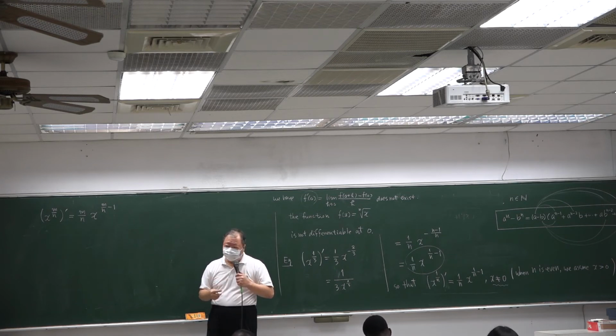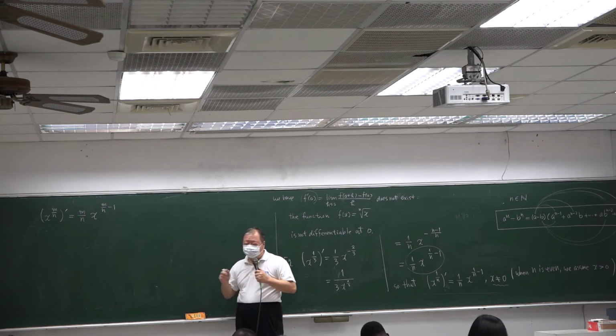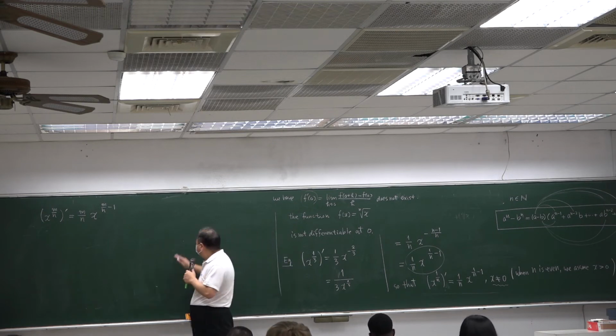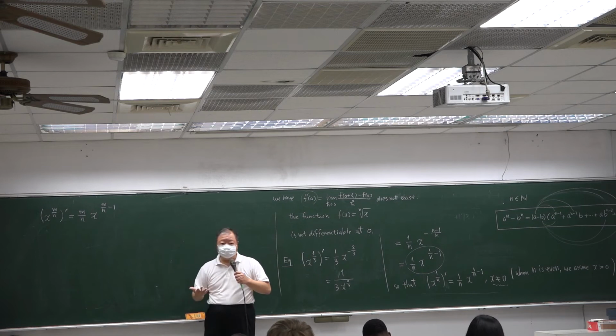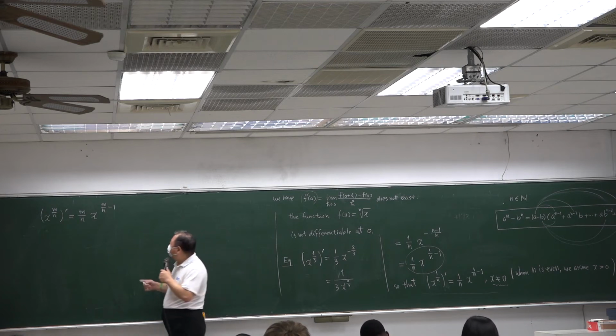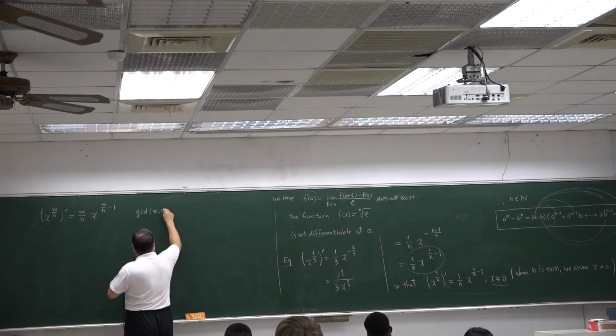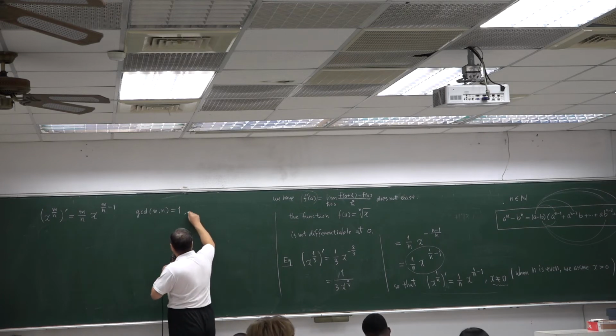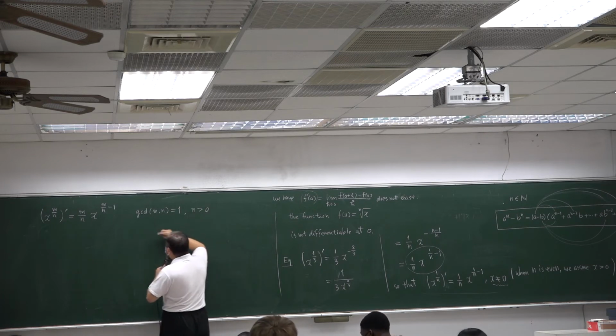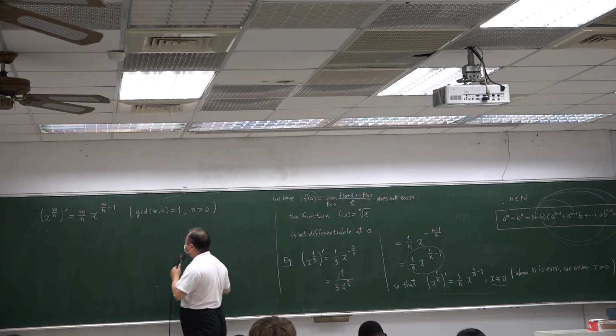So this leads to some trouble. But the irreducible fraction, or fraction in lowest terms, is unique. So here we assume the greatest common divisor is 1, meaning these two numbers are relatively prime, and n is positive. Okay.